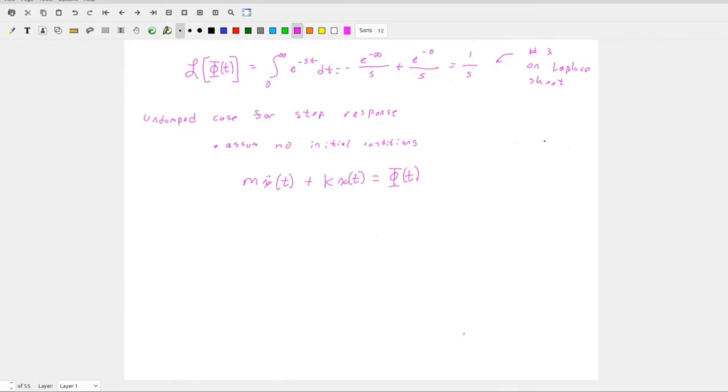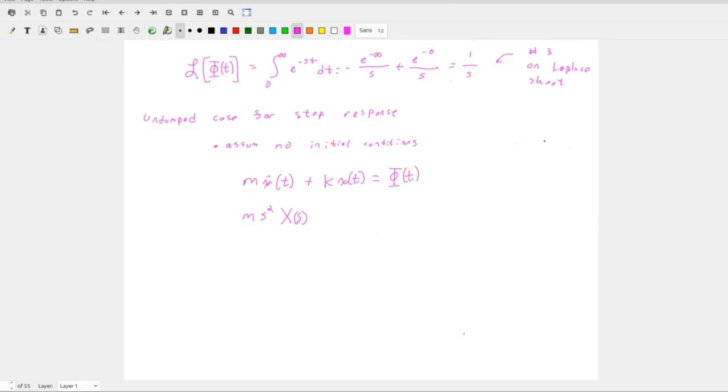So what's the Laplace of m x double dot? But we're ignoring our initial conditions. So for x double dot we're only going to be left with s squared X of s, and then we're going to keep the m. So we have m s squared X of s. Yeah, so what about that minus x s naught? Do we care about that? Would that go because we don't have any? Yeah, we don't have any initial conditions, right?